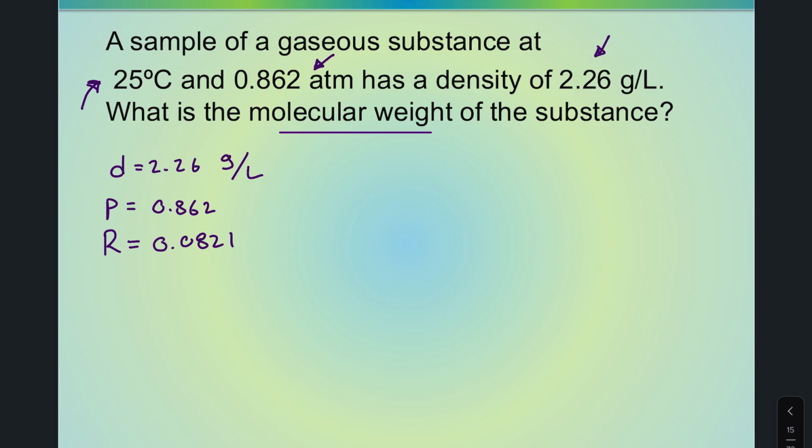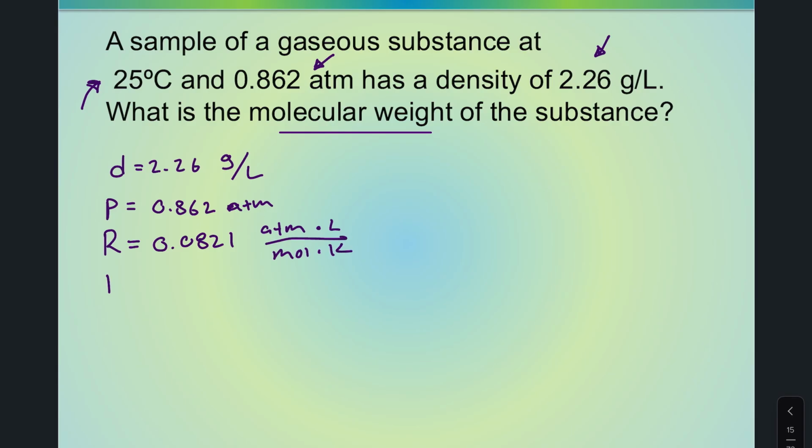The reason we know this is because this is in atm, and the units for the R value of 0.0821 are atm times liter per mole times Kelvin.